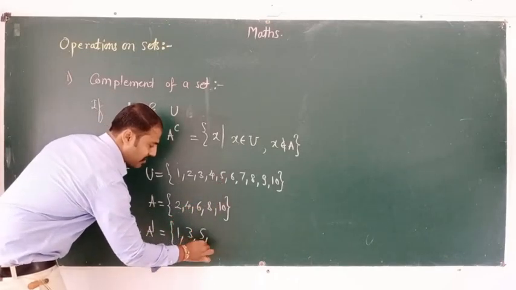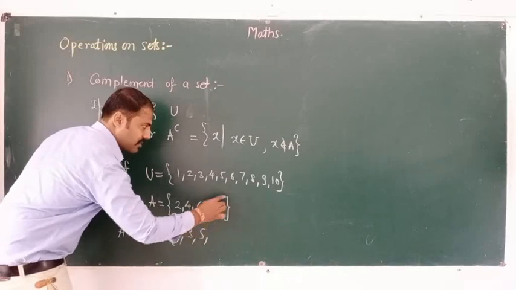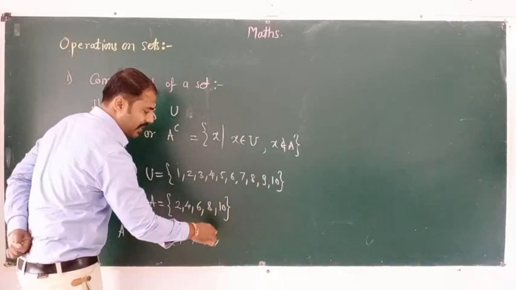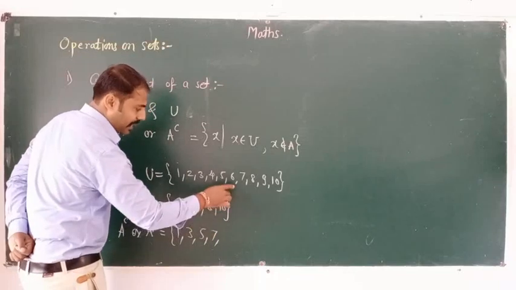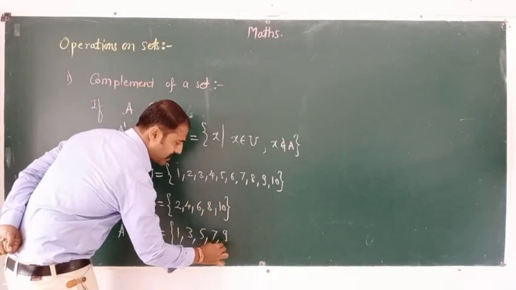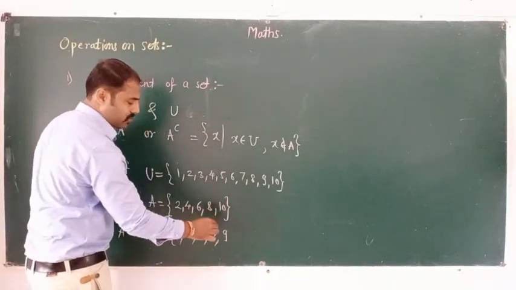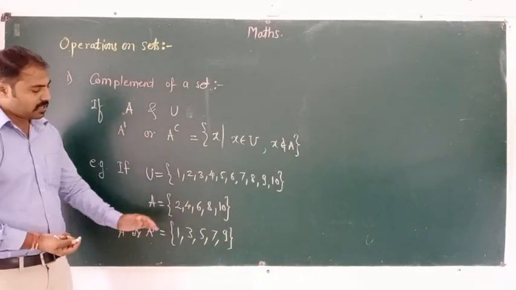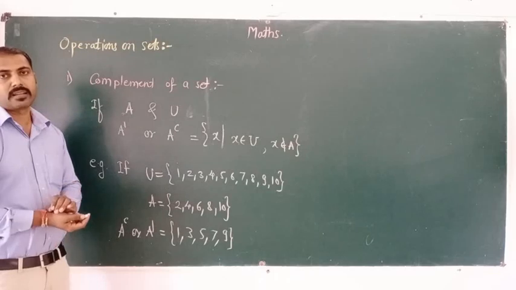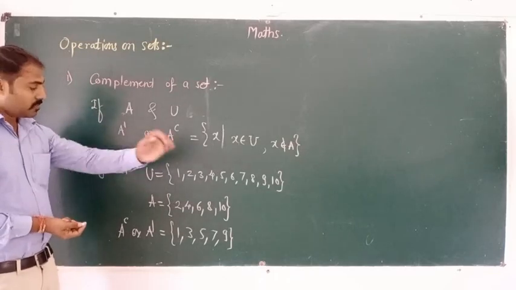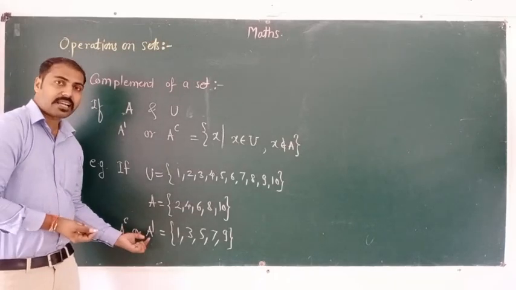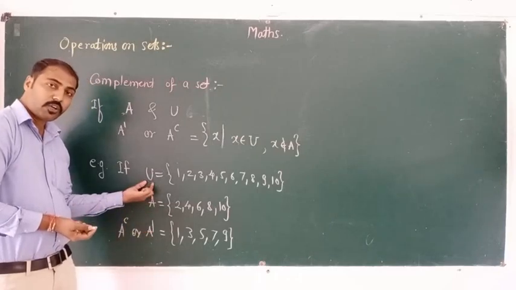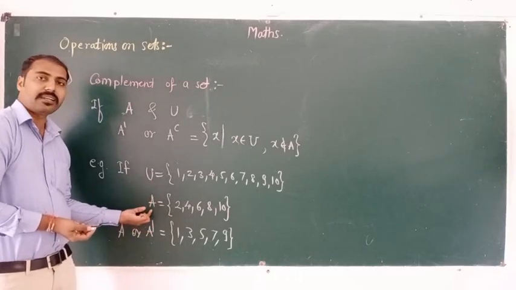No, so write here. 6 is in A, yes. 7 is in A? No, write here. 8 is in A, yes. 9 is in A? No, write here. 10 is in A, yes, don't write. So A complement is nothing but 1, 3, 5, 7, 9. Means it is the set of elements which are in U but not in A.